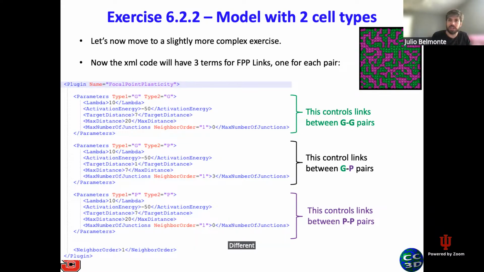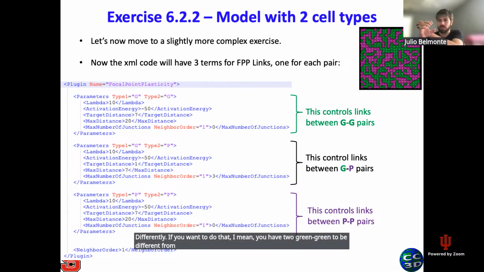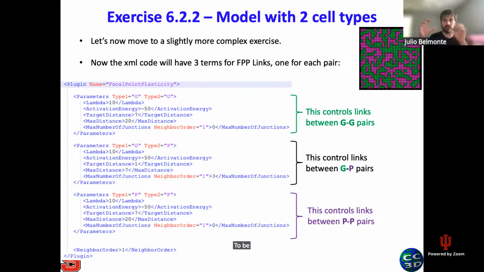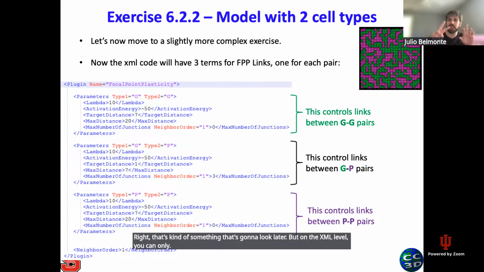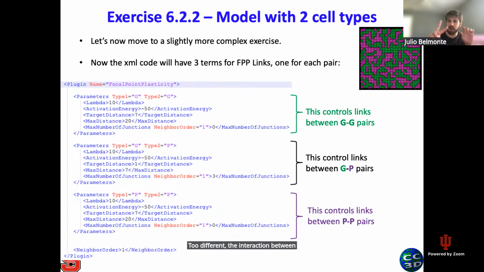If you want one green cell to be different from another green cell, you have to do that on the Python level. That's something we're going to look at later. But on the XML level, you can only differentiate the interaction between pairwise types of cells.